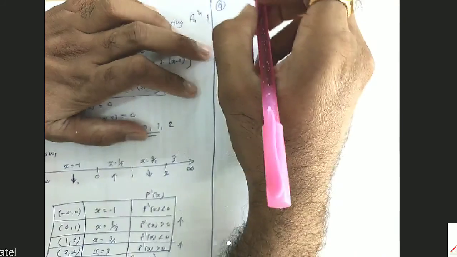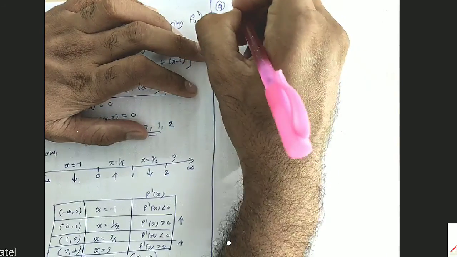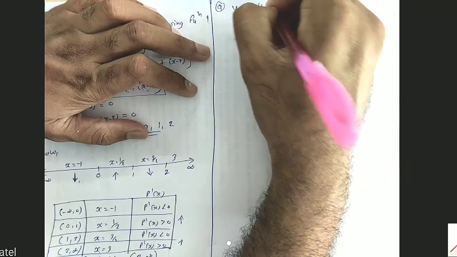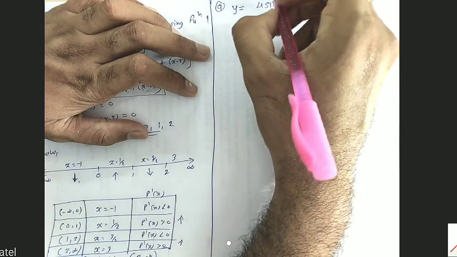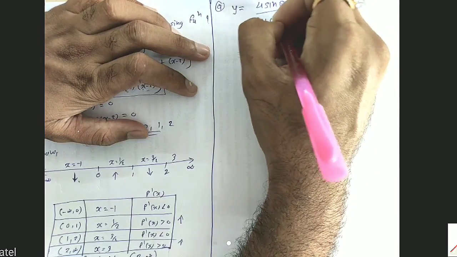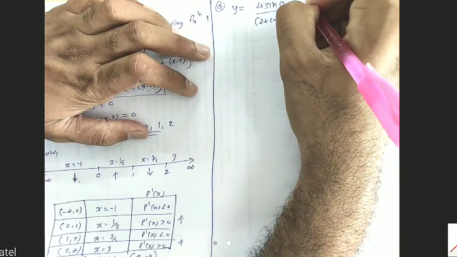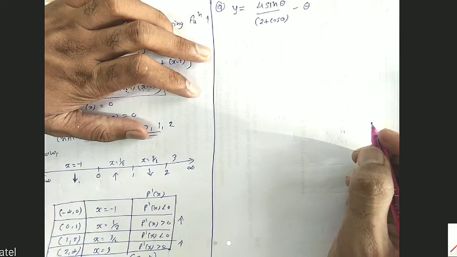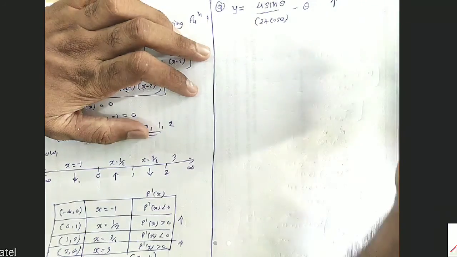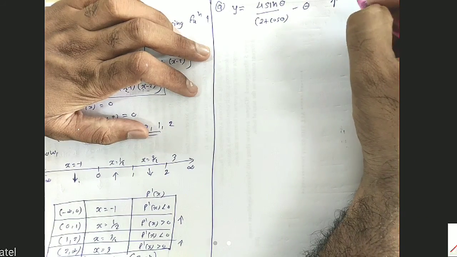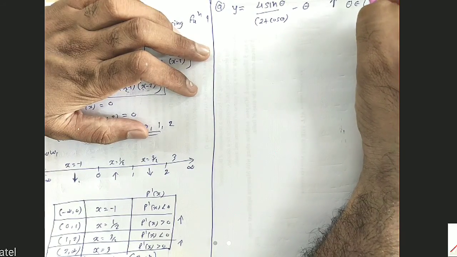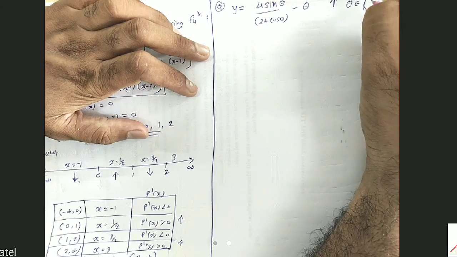Prove that function y equal to 4 sin theta upon 2 plus cos theta minus theta is increasing function. Prove that this is increasing function for any theta, theta belongs to closed interval 0 to pi by 2.